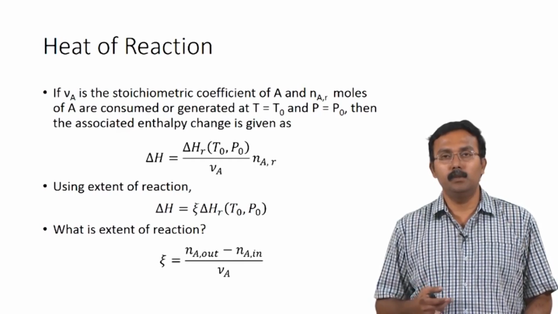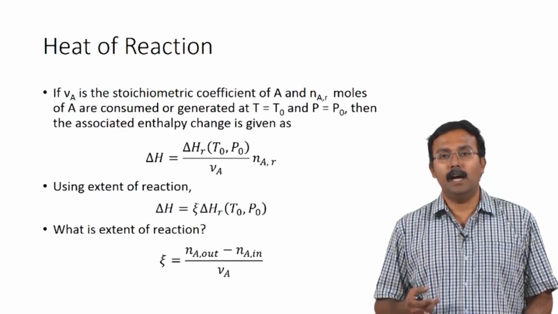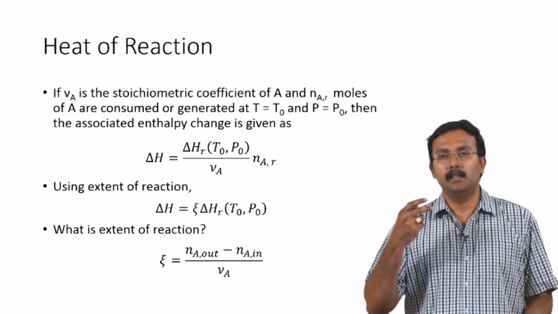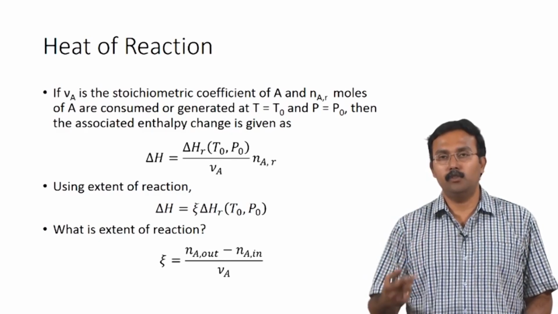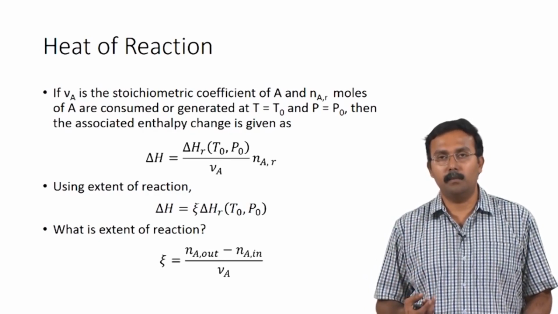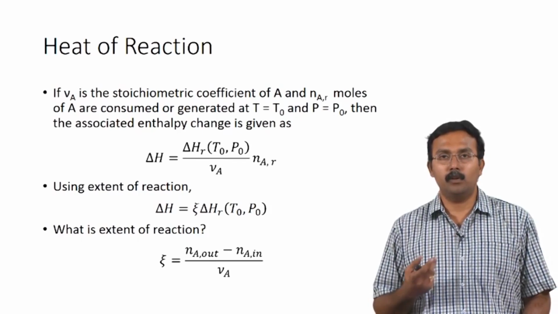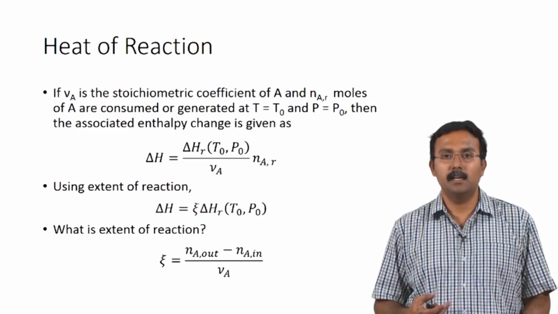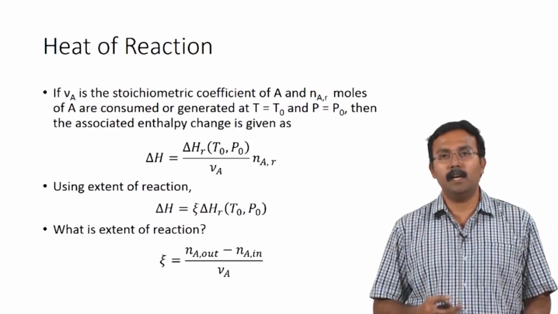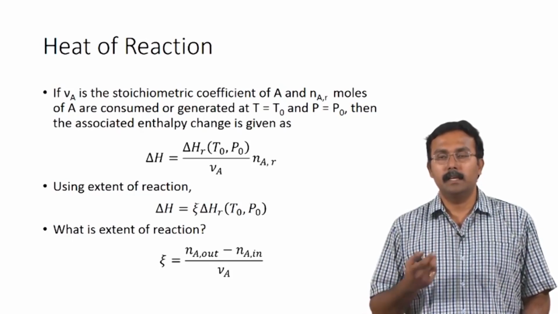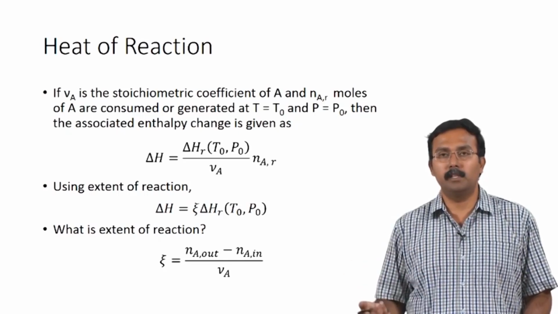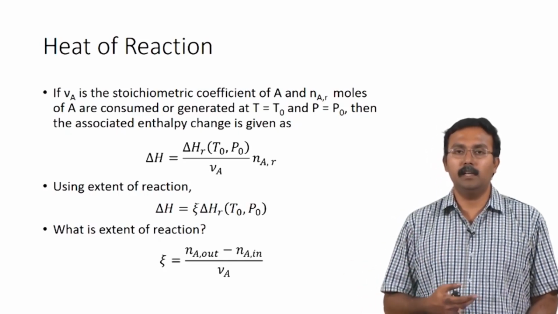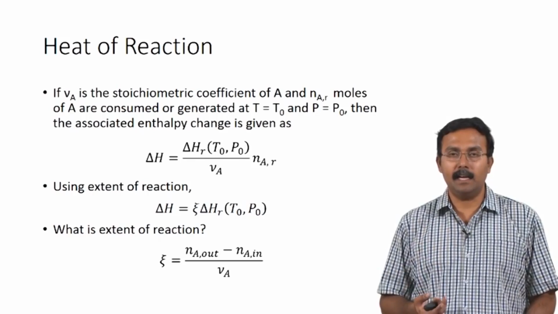So, this gives you the value which is basically the amount of a component consumed or generated divided by the stoichiometric coefficient. The stoichiometric coefficient would be positive for products and negative for reactants. Because of this, the extent of reaction will always be positive. Reactants will have a lesser number of moles in the outlet compared to the inlet, which means the numerator would be negative.